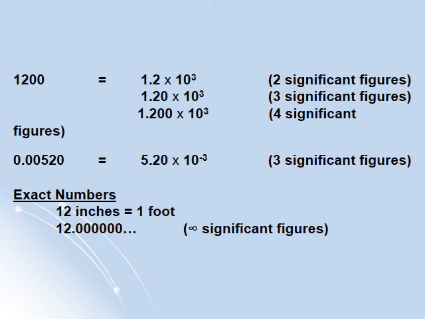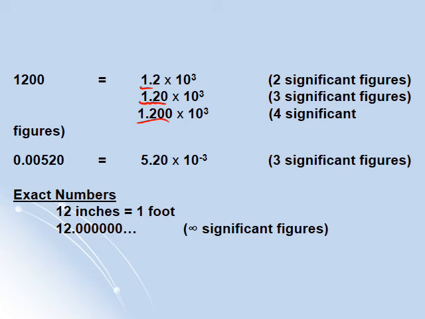1200 is often confusing, whether we'd be considering it to have 2 significant figures, 3 significant figures, or 4 significant figures. If you look at the right hand side, 1.2 times 10 cubed gives 1200. 1.20 or 1.200 times 10 cubed would also give 1200. So the question is, which one would be the answer? Because the first number would have 2 significant figures, the second one, 1.20, would have 3, and the last one would have 4 significant figures.